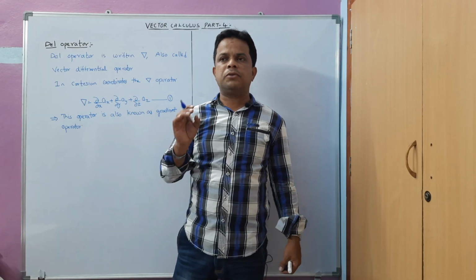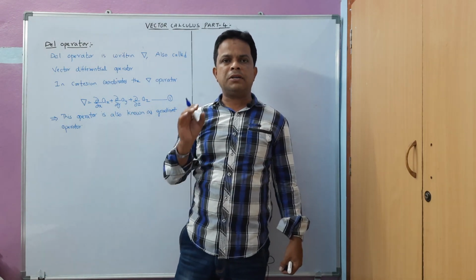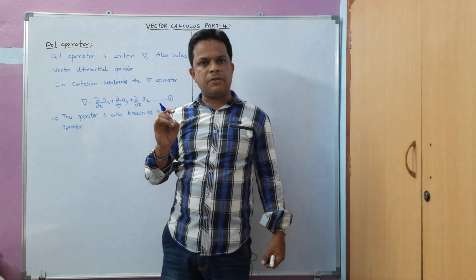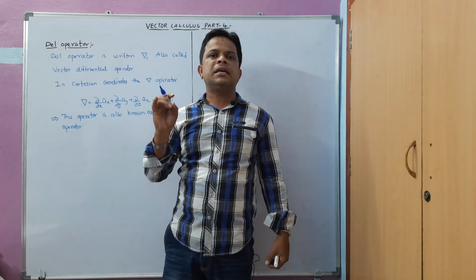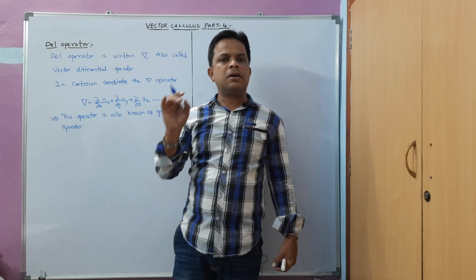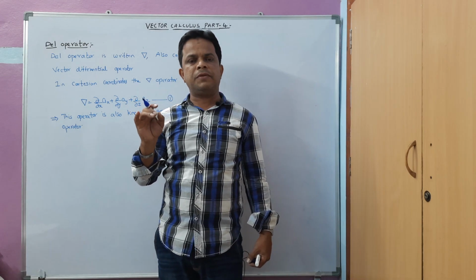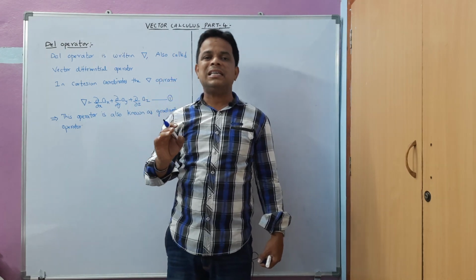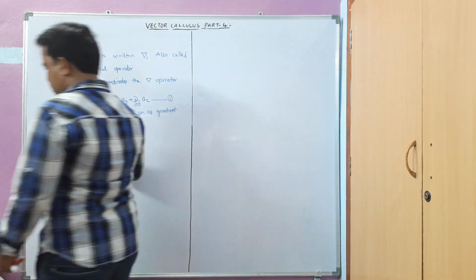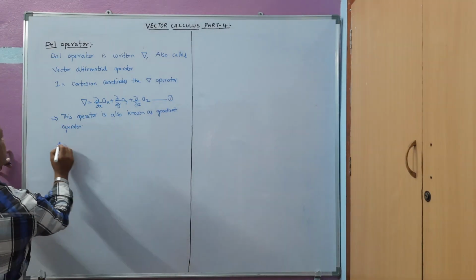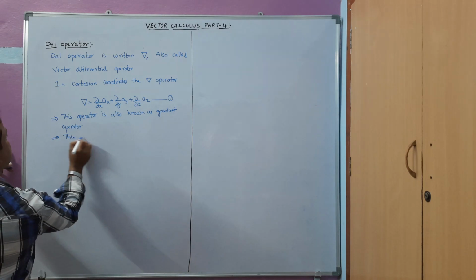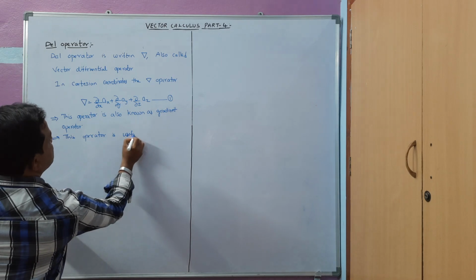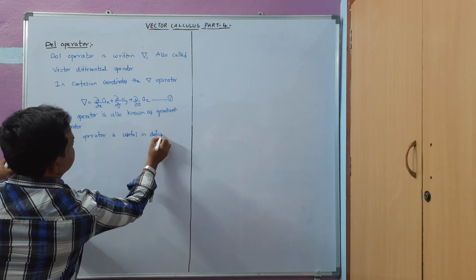We are going to use this del operator in defining important concepts like the gradient of a scalar V, written as del V; the divergence of a vector field A, written as del dot A; the curl of a vector field A, written as del cross A; and the Laplacian of a scalar V, written as del square V. So this operator is useful in defining the following terms.